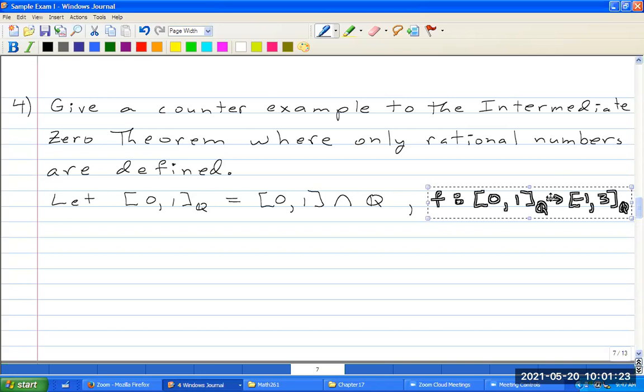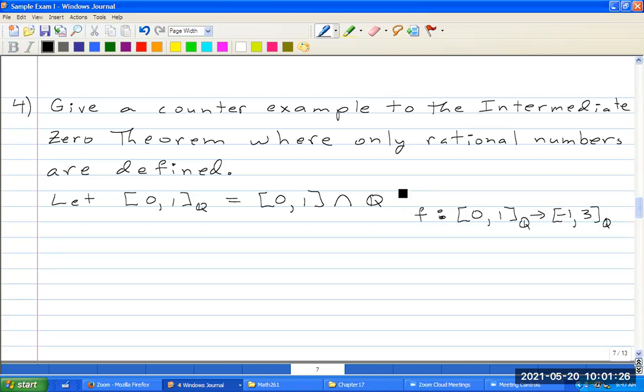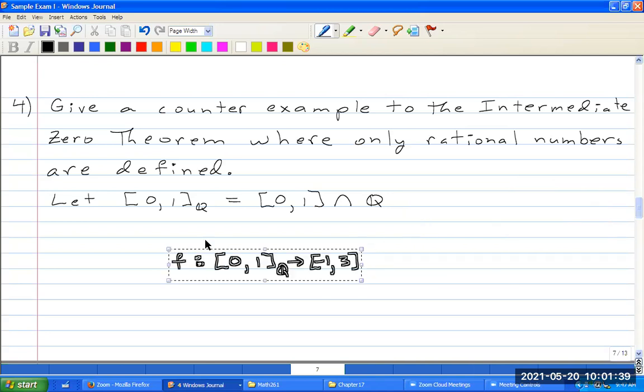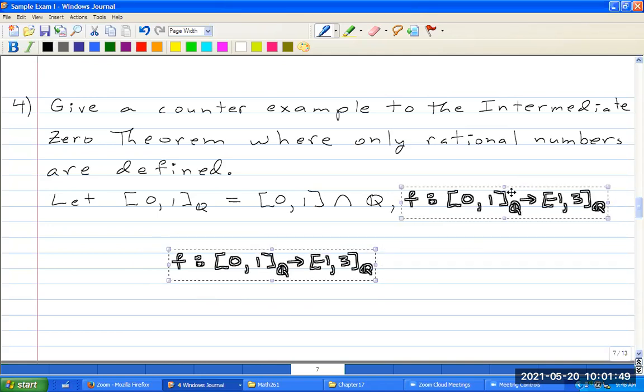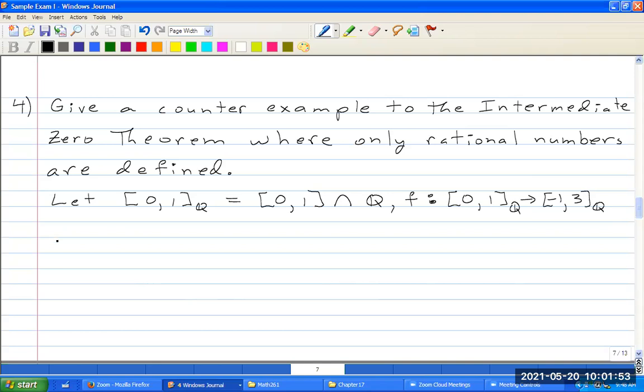So f of x equals 2x squared minus 1. So at 0, it's -1, and at 1 it's 3. Okay, good.